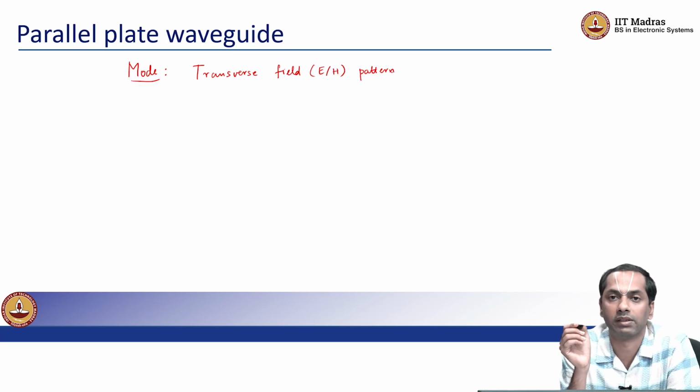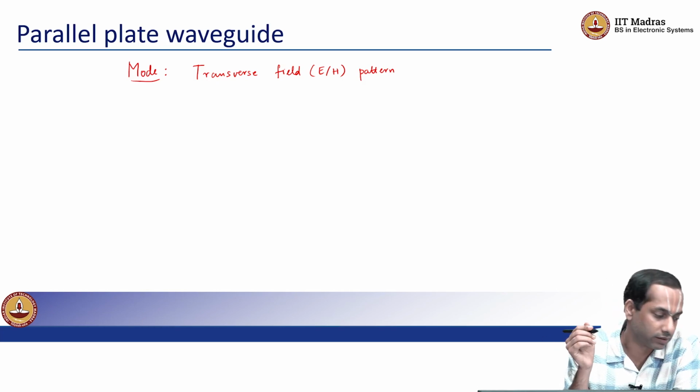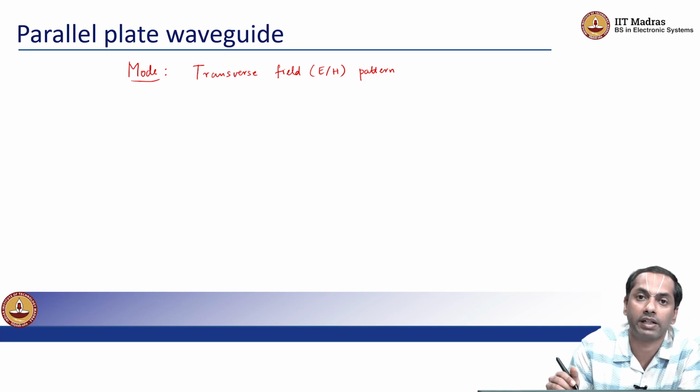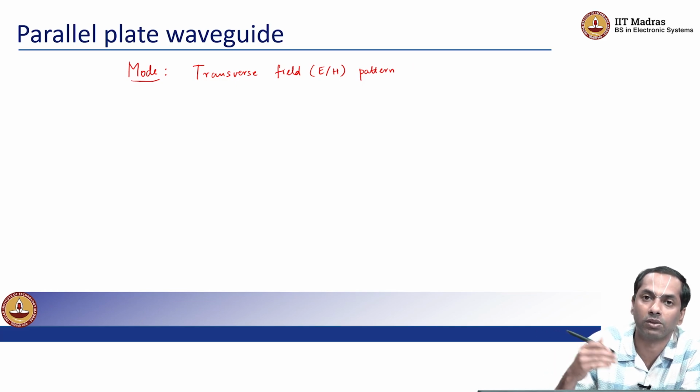And because there is a transverse resonance condition, we call this a pattern, right? You actually get a transverse field pattern, similar to when we said that there is a standing wave pattern on transmission lines. We call this transverse field pattern. Remember, this field pattern, because of the resonance condition, does not quite alter as we move along the waveguide, right?